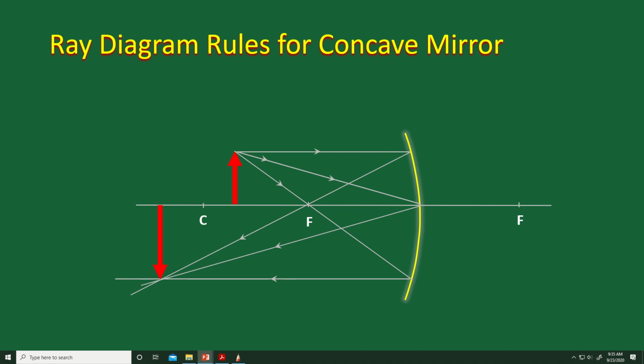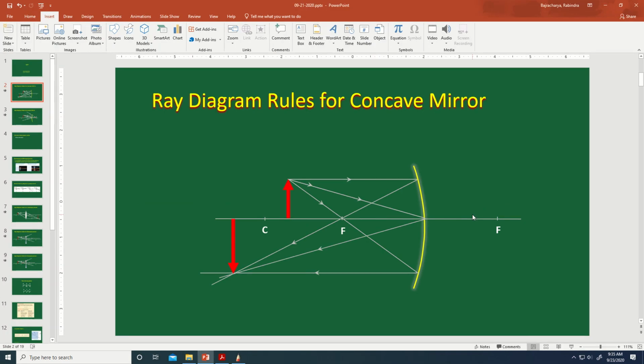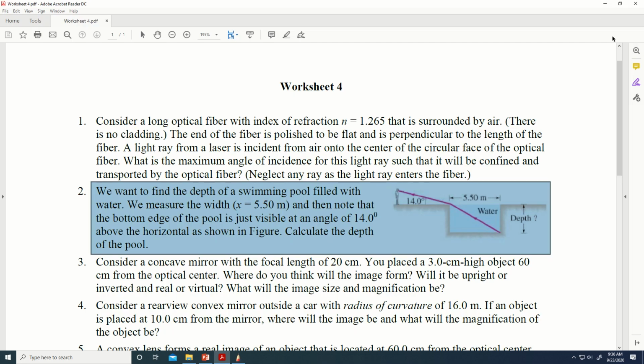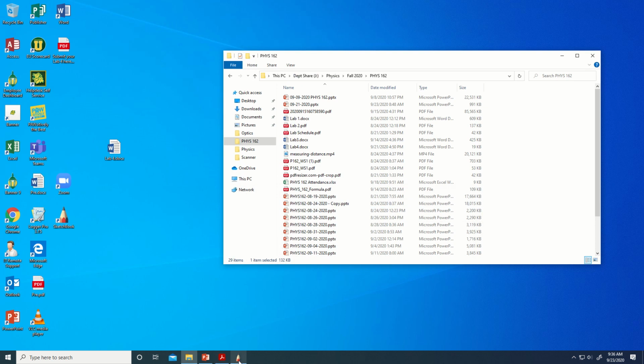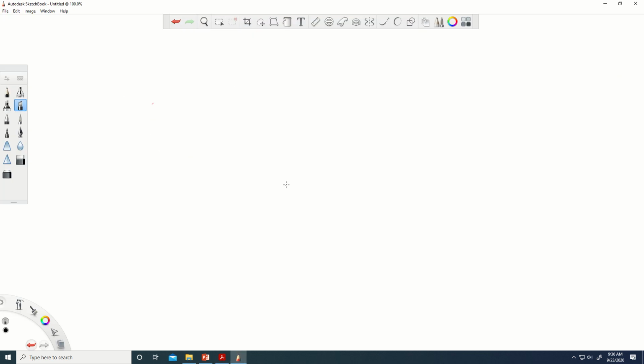Now, if you place the object in a different location, then you will get different kinds of image. So for example, let me show you a different case here. Let me place it between F and O. Let me draw a line here. So concave mirror.